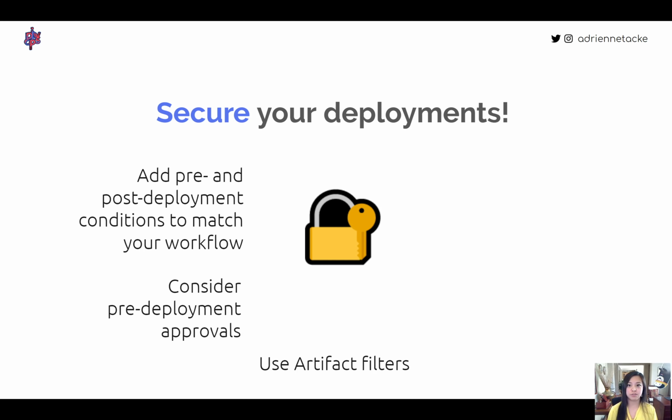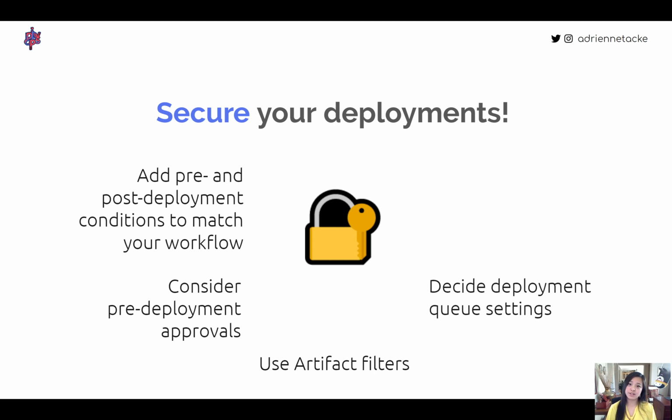You can use artifact filters to search for either the path of the folder that you want to trigger that deployment, or you can search for the actual project name, or maybe a tag, or maybe a version, something else that you are specifically looking for and will be the condition for you to only then release.